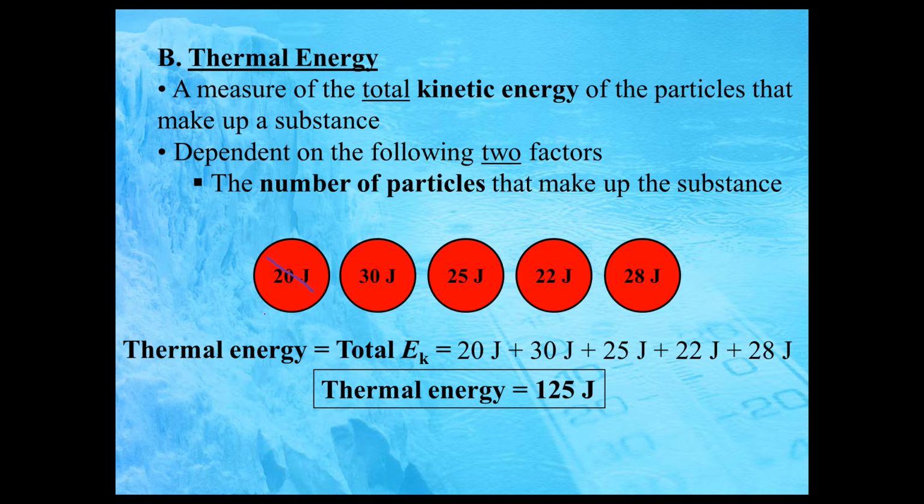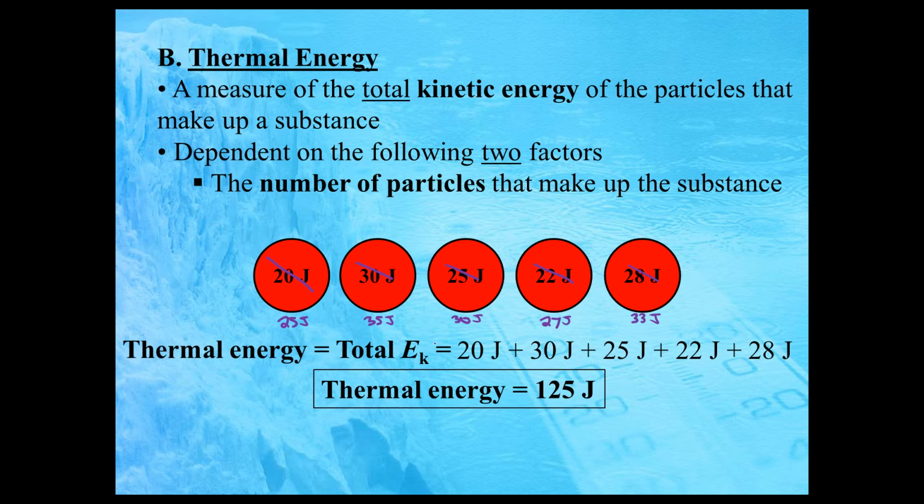So let's say, for example, that if I heat a substance up, this particle is now moving with 25 joules of kinetic energy. This one's now moving with 35 joules of kinetic energy. This one, with the temperature increase, is now moving faster, 30 joules. This one's now moving with 27 joules of kinetic energy, and this one's now moving with 33 joules of kinetic energy. So I want to calculate it.